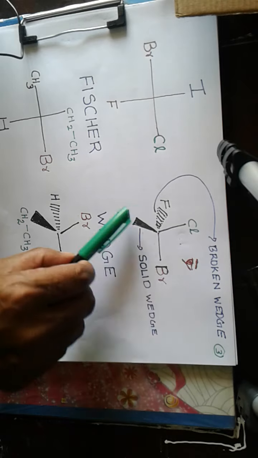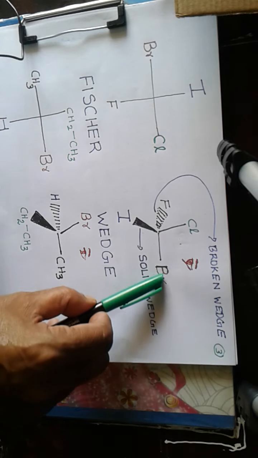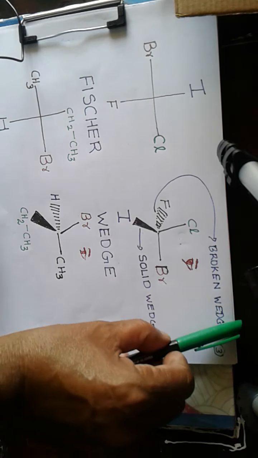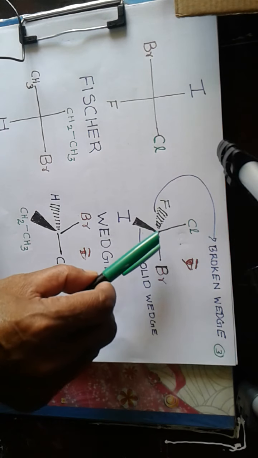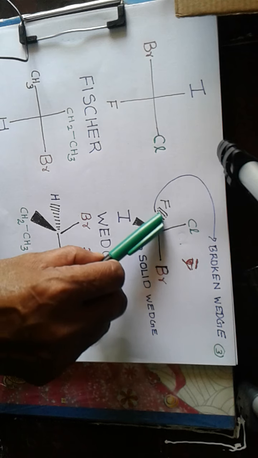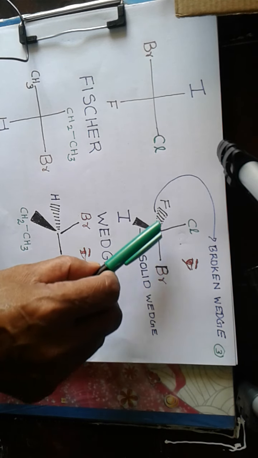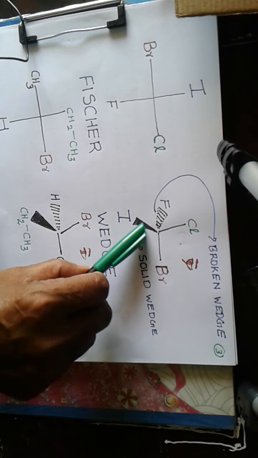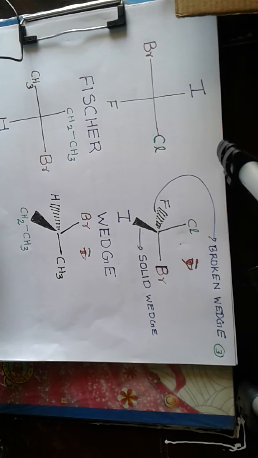So this is the figure. Bromine is now parallel to the edge of the plane. Then chlorine is there. Fluorine is connected by means of a broken wedge, and iodine is connected by a solid wedge.